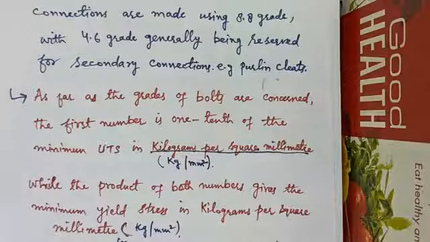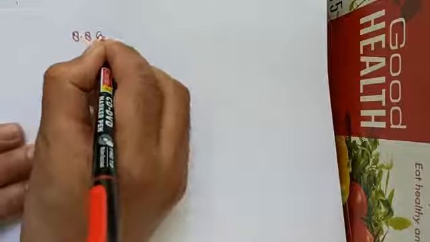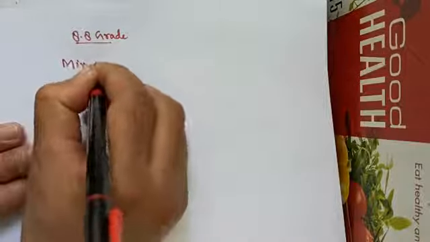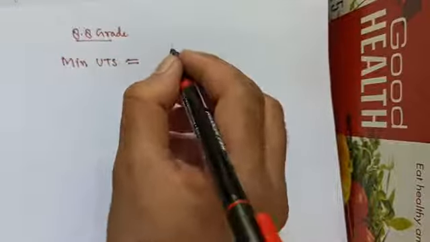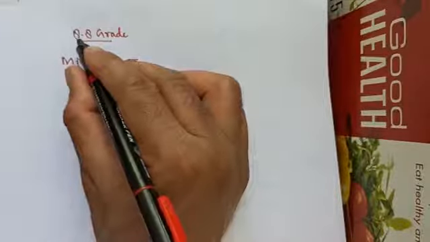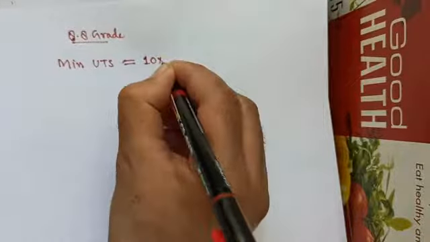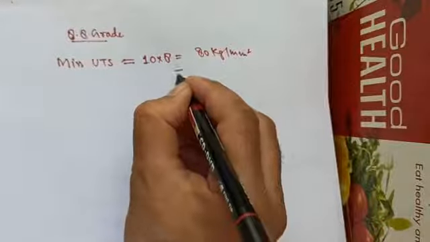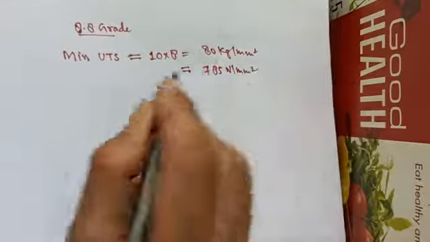For example, we have a grade of 8.8. For this grade, the minimum ultimate tensile stress is equal to, because this is 1/10 of the ultimate tensile strength, 10 multiplied by 8, so that will be 80 kg per millimeter square, which would be approximately equal to 785 Newton per millimeter square.